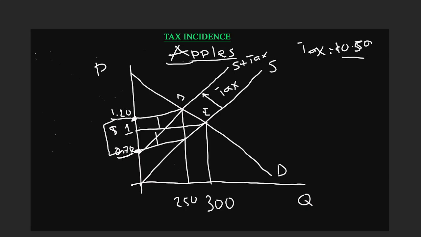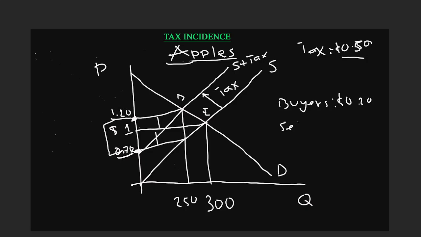How much of the tax of 50 cents is put on buyers? Buyers are paying 20 cents of the tax, which is the difference between what they were paying earlier and what they are paying now.